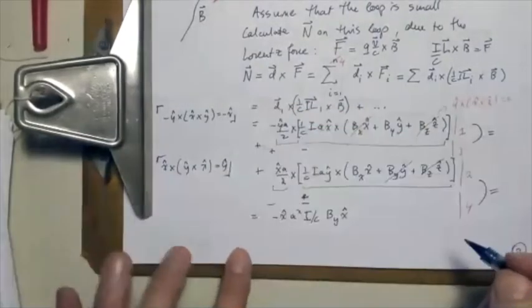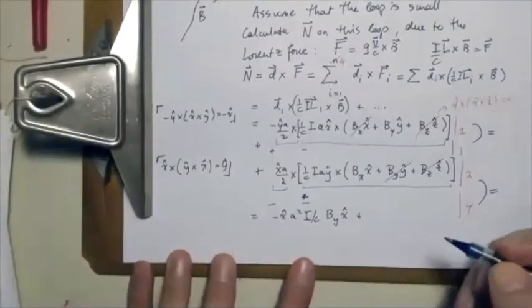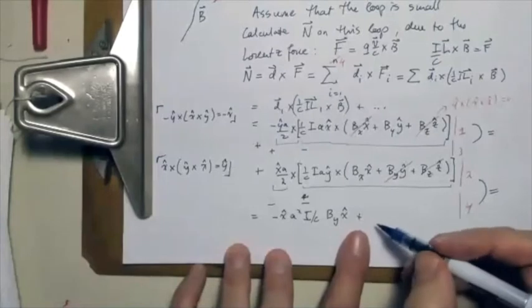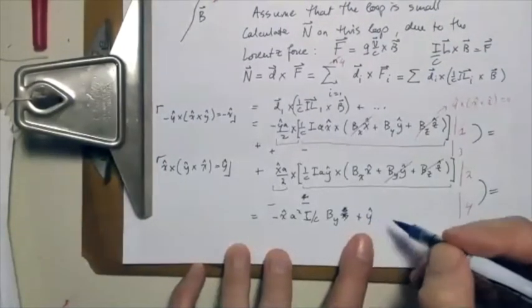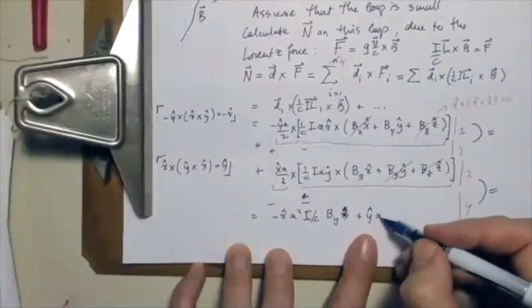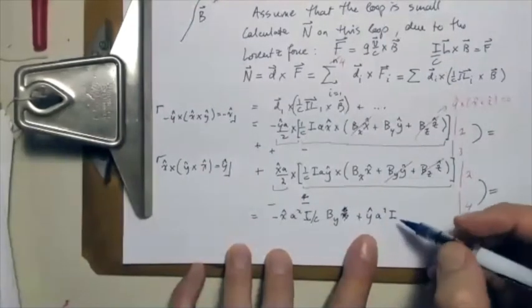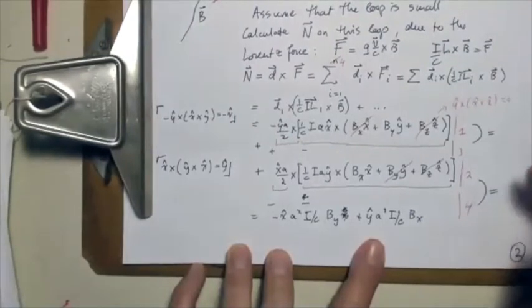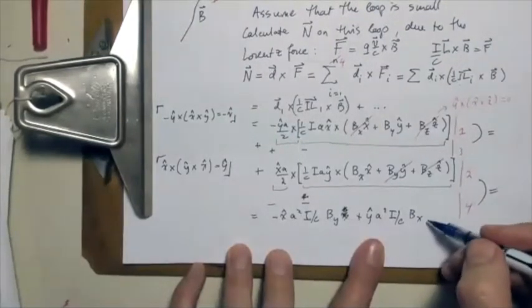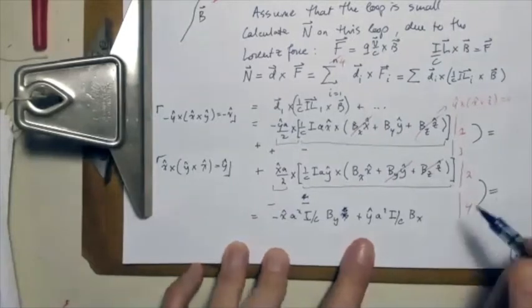So doing that on the side, so we're going to get a plus y hat, and oh, see, I have it double here, y hat. A squared I over C. Now there's a bx here, and I think I have got it.